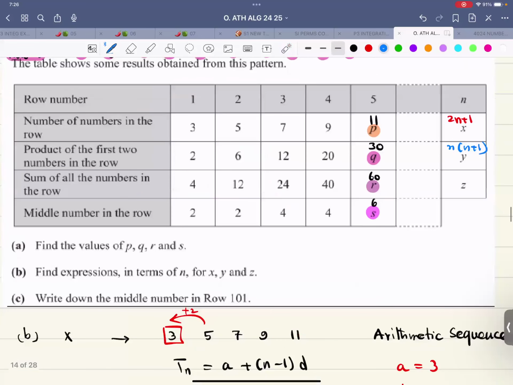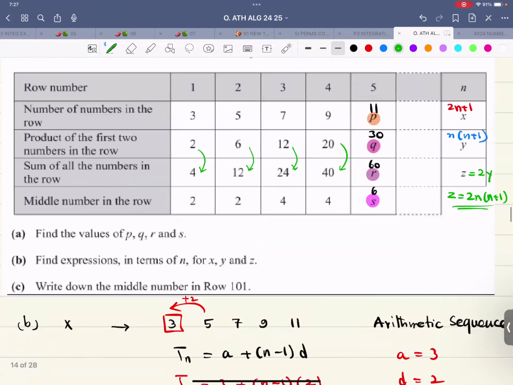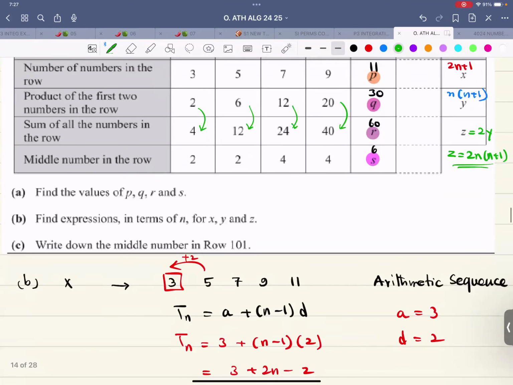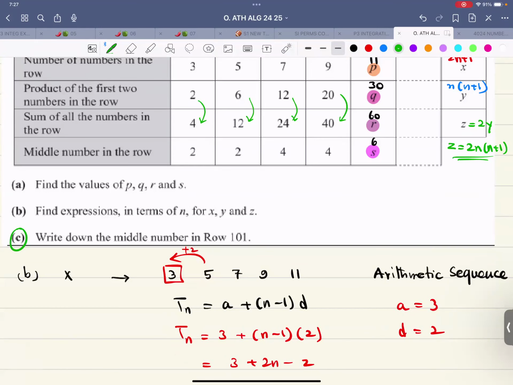What else is there? What about z? If I focus on z, 2 becomes 4, 6 becomes 12, 12 becomes 24, 20 becomes 40. So basically z is 2y, but z is 2 times n plus 1. That is what z is. So now I hope it's all clear. Now it's asking part C, write down the middle number in row 101.